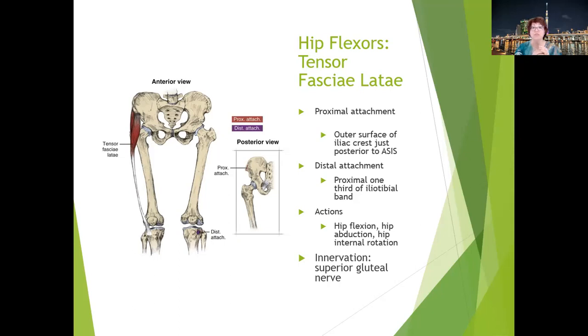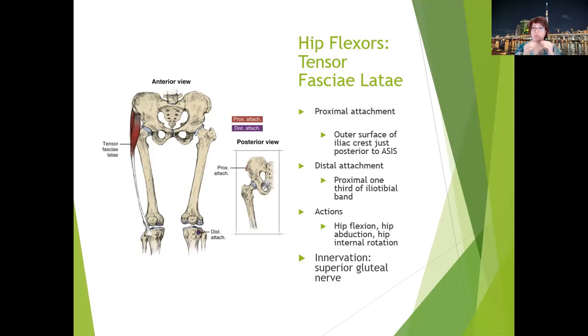Its proximal attachment, its origin, is the outer surface of the iliac crest, just posterior to the ASIS. If you think of the attachments in relationship to each other, the sartorius attachment is on the ASIS. The tensor fasciae latae attachment is just posterior to that.